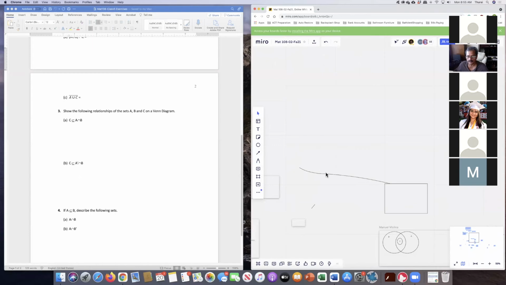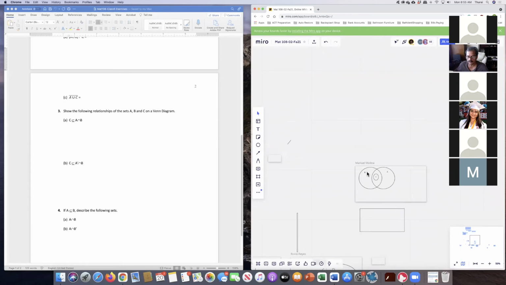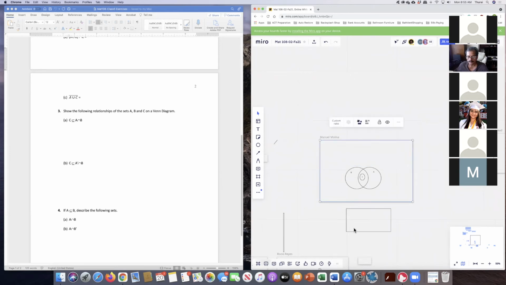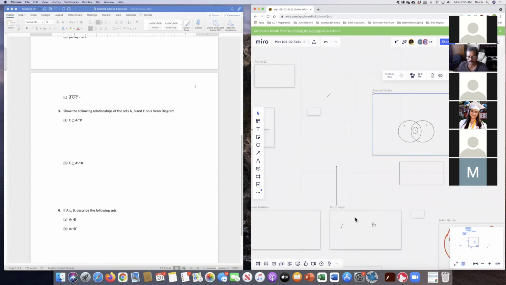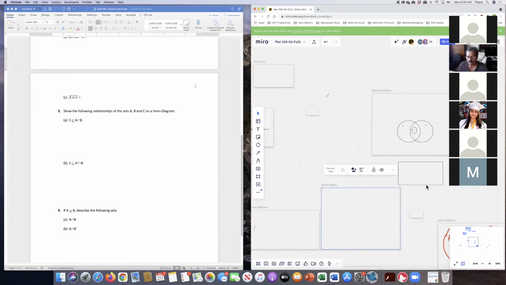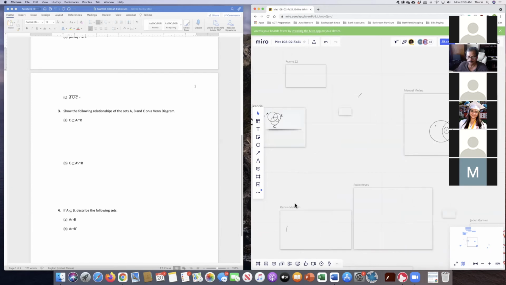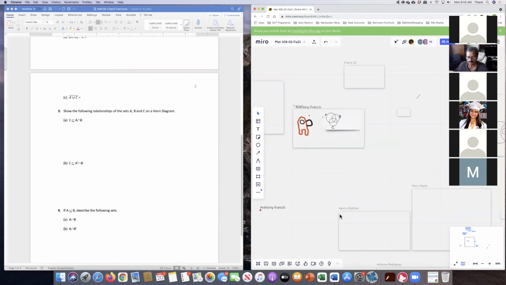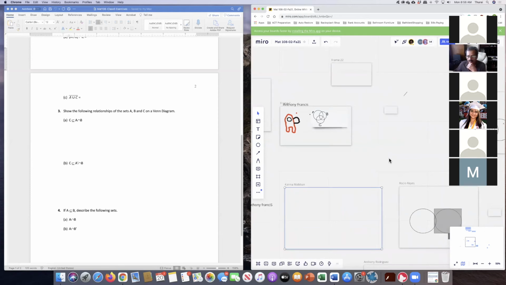Clear the picture you already have, erase everything, and then do the work for the new problem. Part B. You're doing part B, 3B.